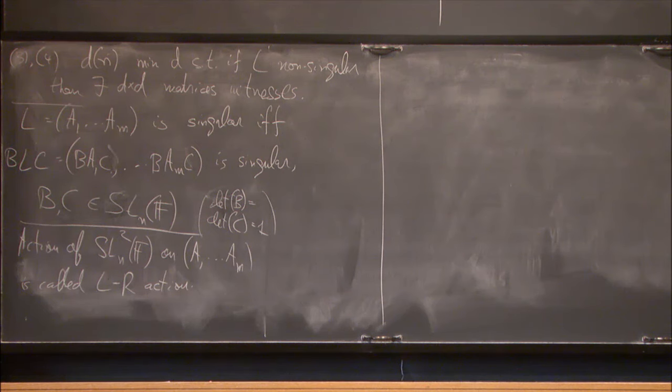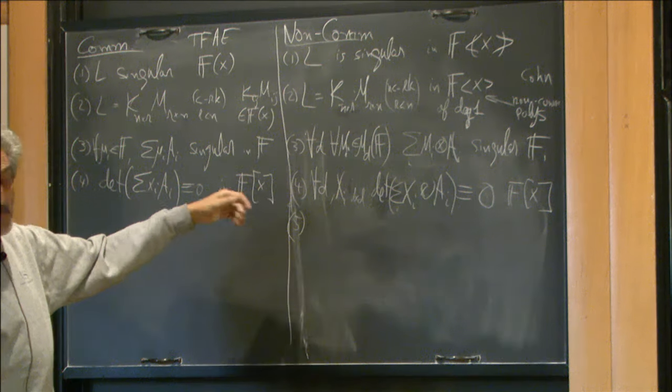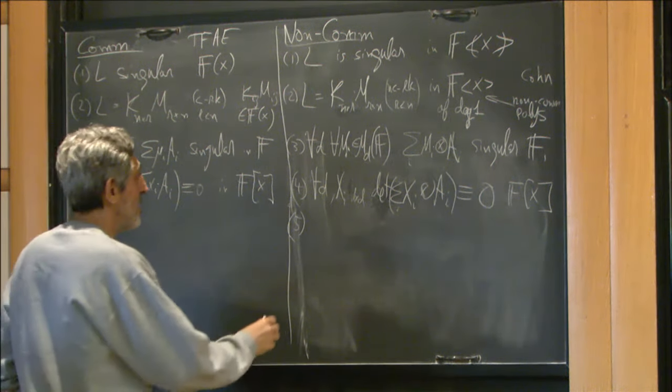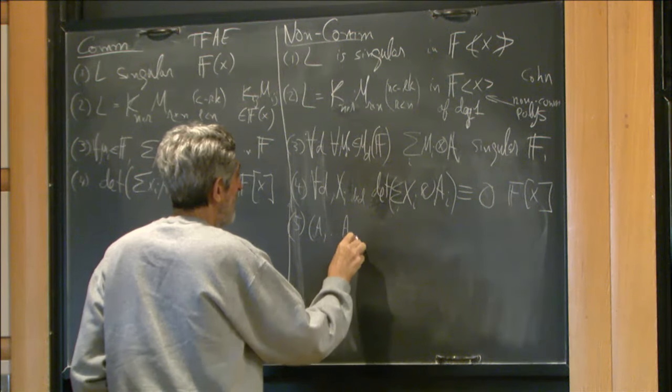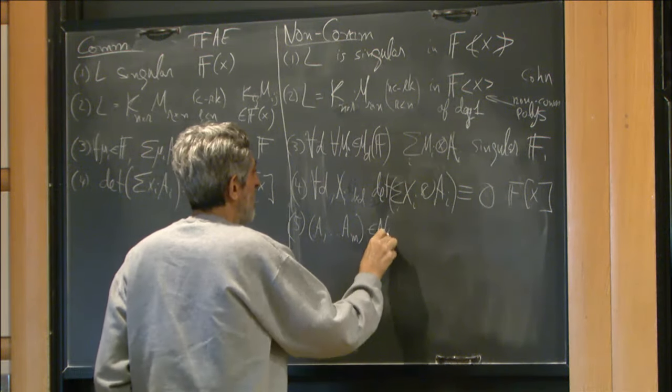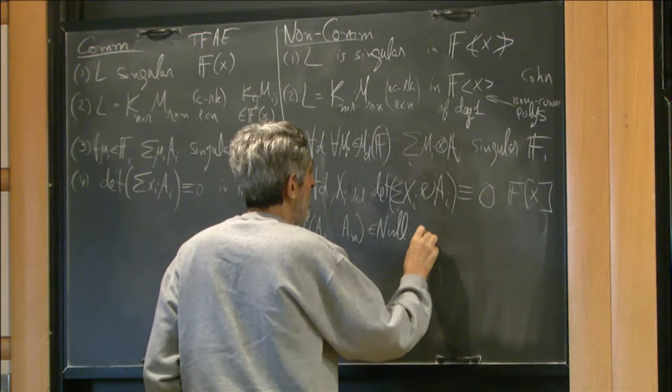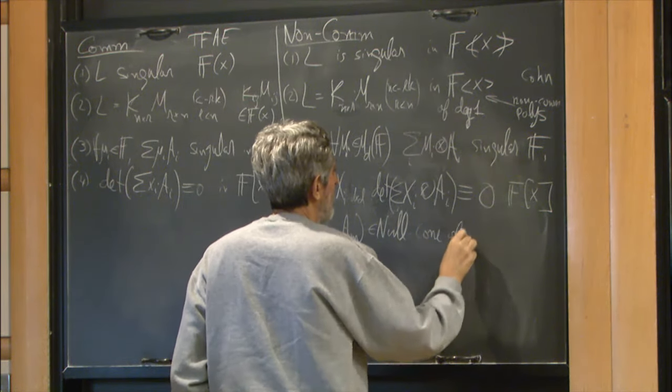And it turns out, I'll soon make the required definition, that another equivalent condition to singularity is that this tuple A1 through AM is in the null cone of the left-right action.